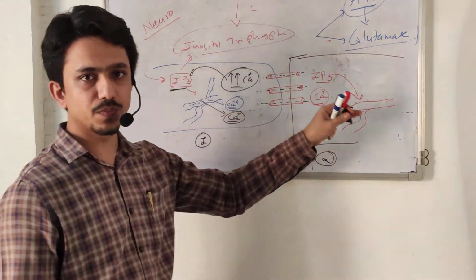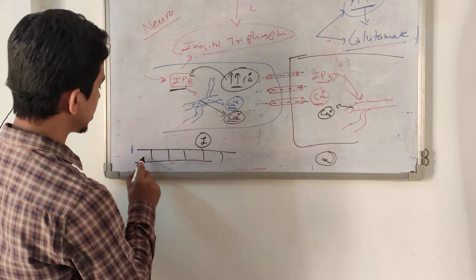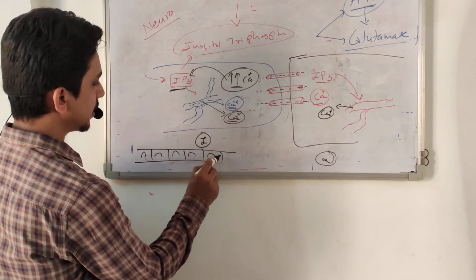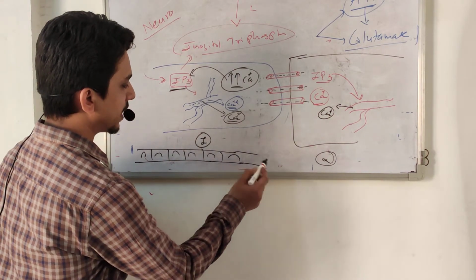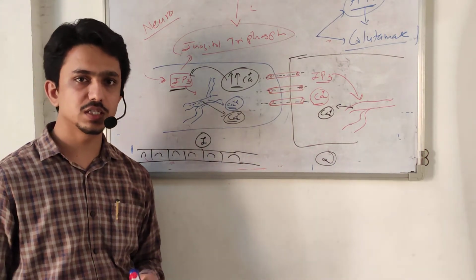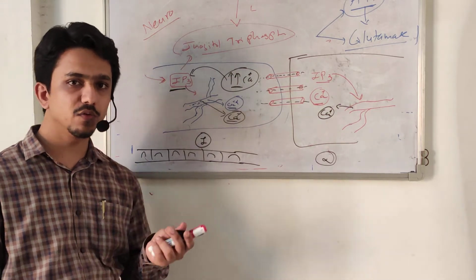So by this way calcium waves occur. Suppose these are cells 1, 2, 3, 4, 5. Here the calcium rises, again here it rises, up to the terminal. By this way they produce calcium waves, and this is called communication. This is like an action potential. This was studied very recently.